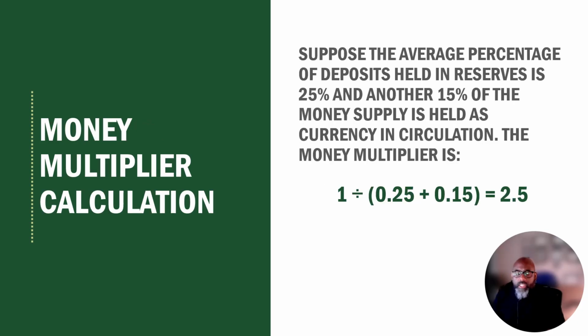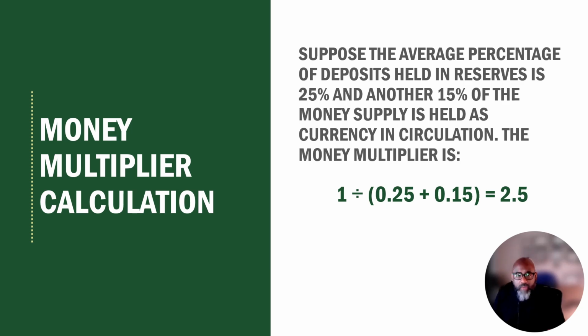Looking at a more realistic scenario, suppose that banks on average hold 25% of deposits as reserves, as an additional 15% of money exists as physical currency in circulation. This means that only 60% of the money supply is available for lending and redepositing. Under these conditions, the money multiplier equals 2.5.